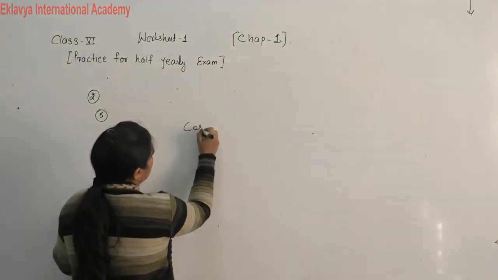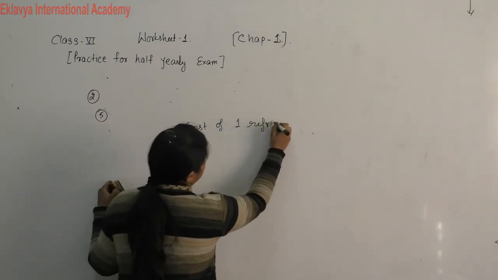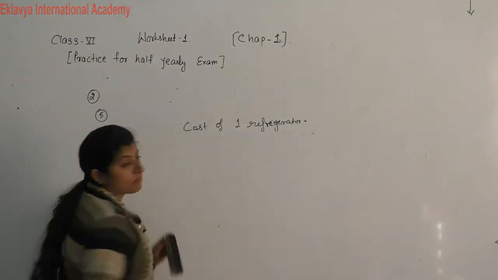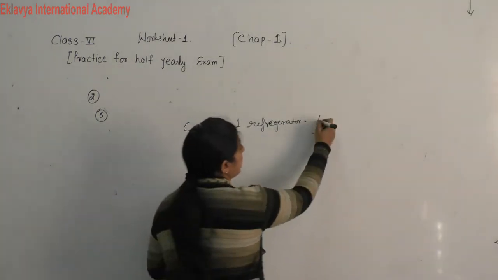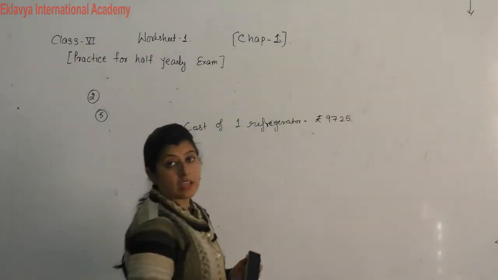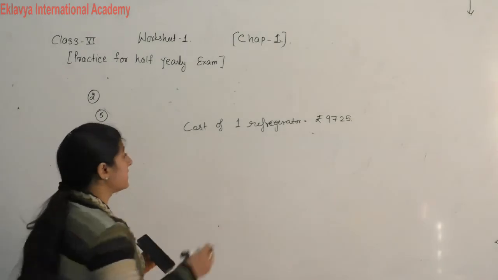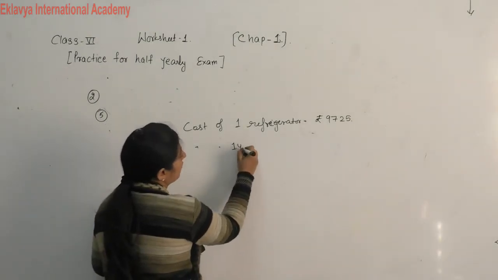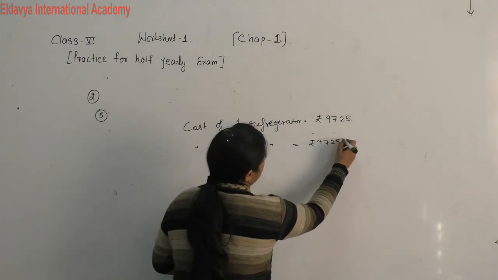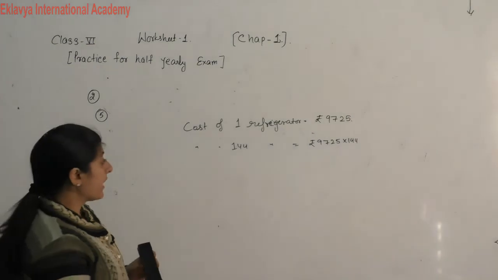It means the cost of one refrigerator is rupees 9725, and he purchased 144 refrigerators. Then the cost of 144 refrigerators becomes rupees 9725 multiplied by 144.